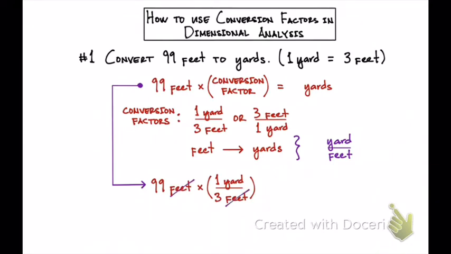So 99 divided by 3 gives us 33 yards. Okay, or 99 times 1 divided by 3 gives us 33 yards. And so when you look at the given number here, 99, your starting number, contains two significant figures. Okay, so if you started out with two significant figures, your answer should also contain the same number of significant figures.